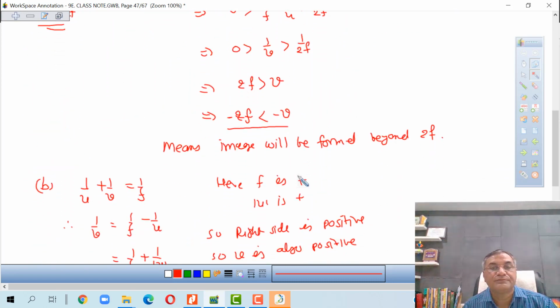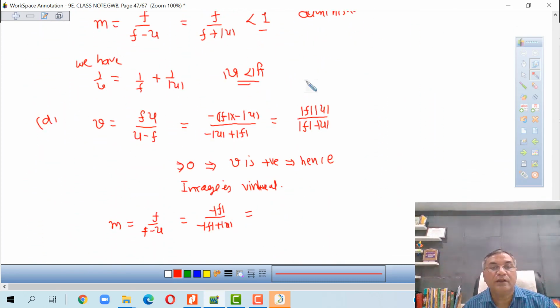Virtual enlarged image. Virtual and enlarged. U is smaller than f, right? So this will be smaller value. Denominator will be smaller than the numerator.